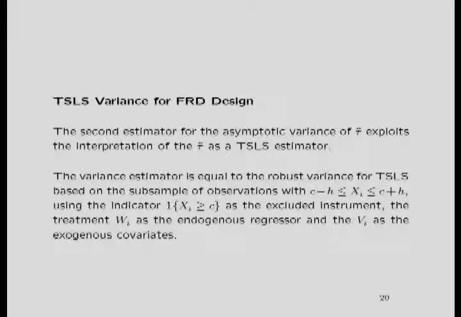So we're just using this smaller sample with observations where x is between c minus h and c plus h, using the indicator for x being greater than c as the instrument, the treatment as the endogenous regressor, and the difference between x and c, and the interaction of that with the treatment indicator, as the exogenous covariates. And so if you use the robust variance for two-stage least squares, you would get the same in the end as what is described on the previous slide.